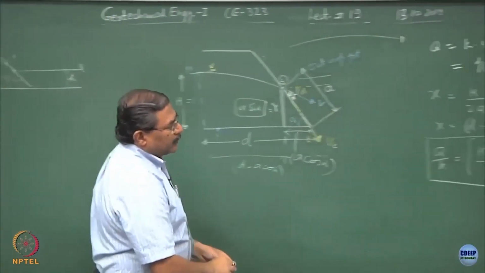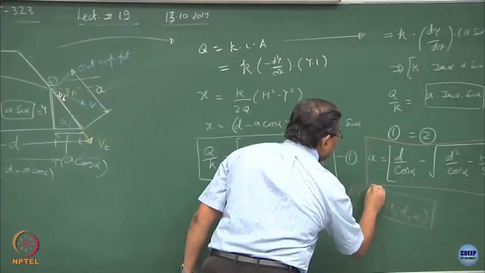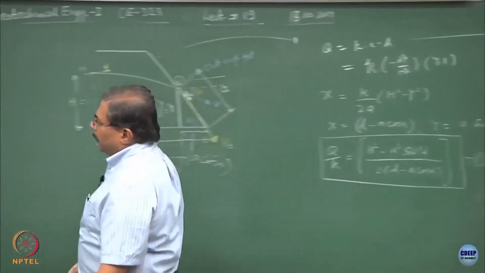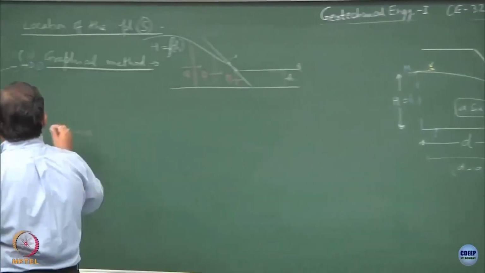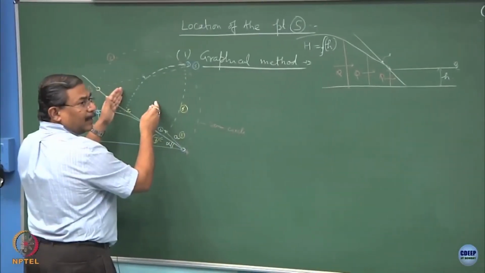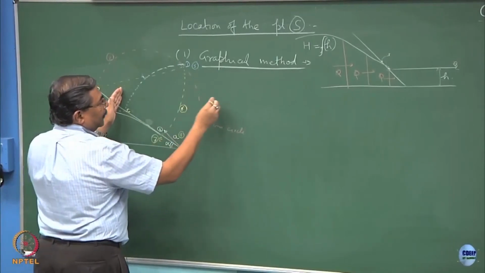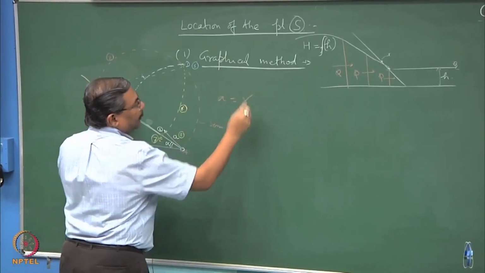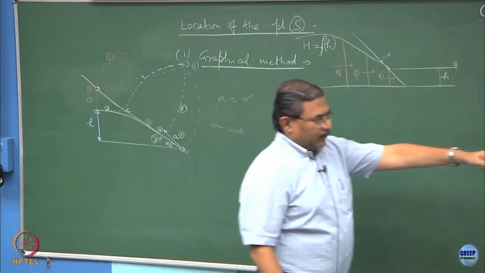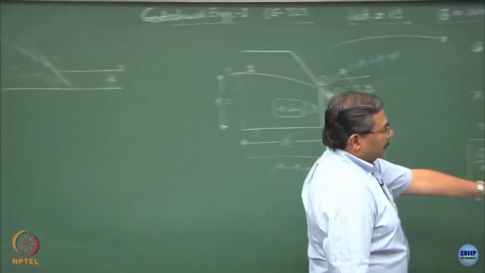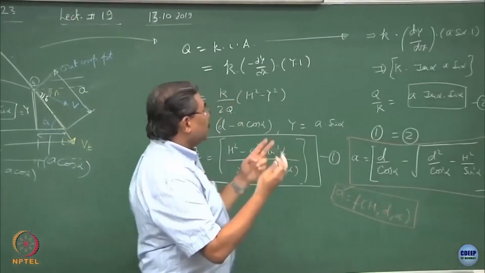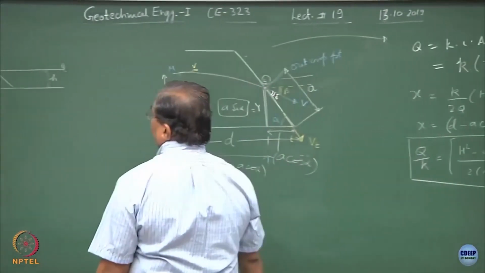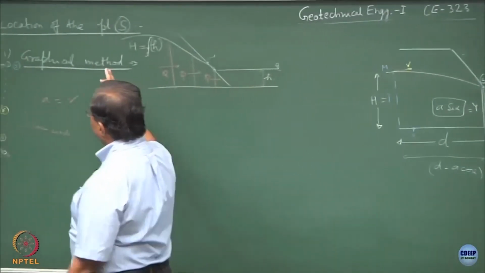So, what we have shown is a point, and now please sit down and try to solve this and prove that the A what you get from here is same as the A what you are getting from here. So, these are the two ways to solve the location of the outcrop point.